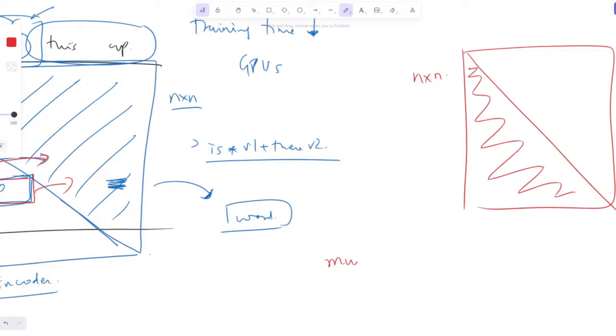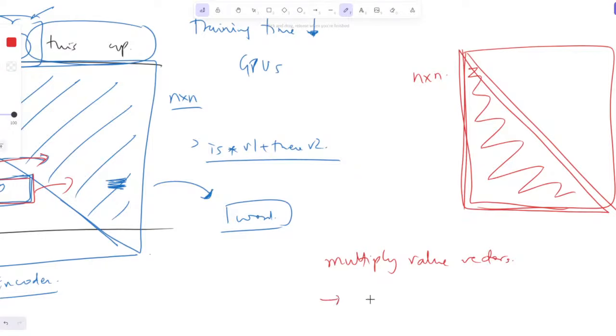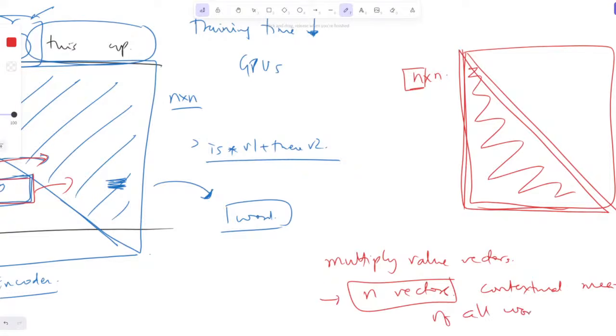When you multiply this matrix with value vectors, you get n vectors. Initially you had n words in your token, so you get n vectors which have contextual meaning of all words before them.